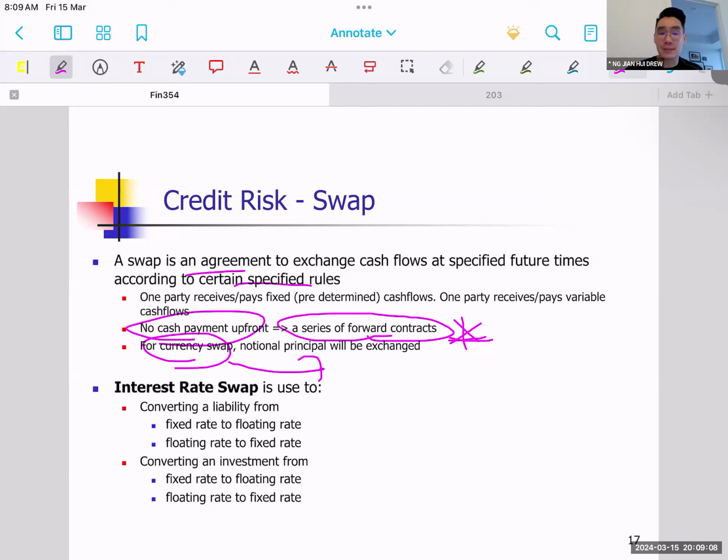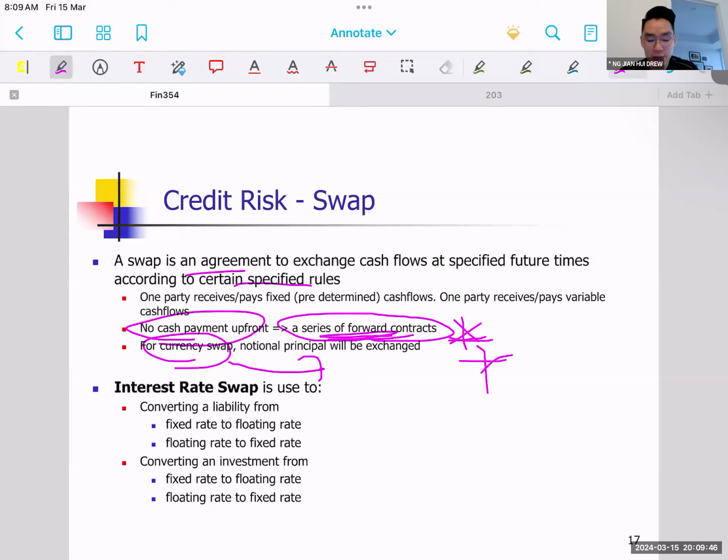For example, if Canada wants Singapore dollars, I do a swap with you, and then there is a swap of notional amounts so that you have the currency to do whatever you want, whether it's a project, etc. So the currency swap is one situation where a swap has a cash upfront payment at the inception of the swap. But in most other cases, there's no cash upfront, because the swap is simply a series of forward contracts.